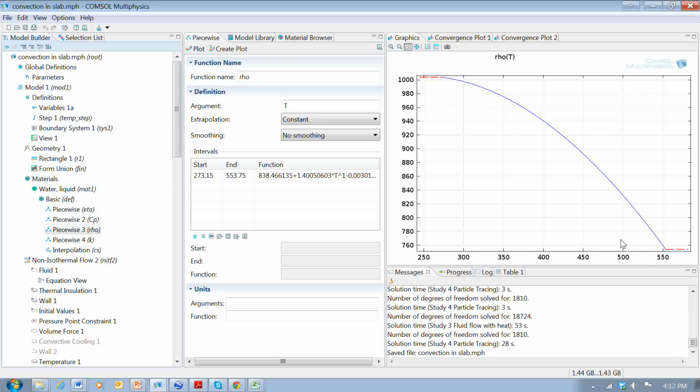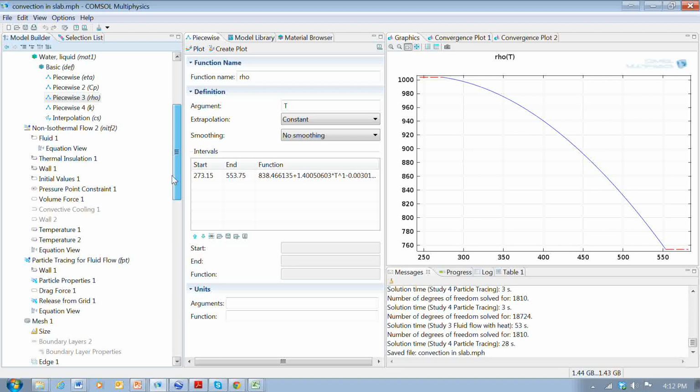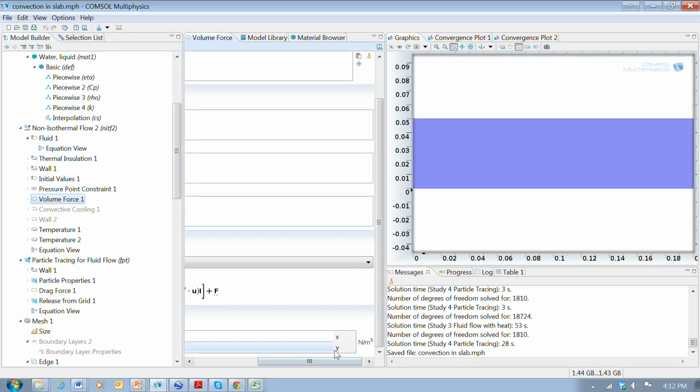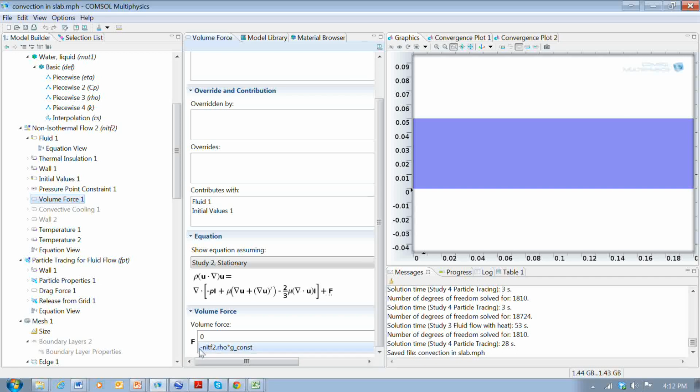And this is what's going to drive the free convection. So we need to use that. If the density was constant, then we wouldn't get any convection. So that's all implemented here with this volume force. It's the density times g, and it's in the y direction, and it's negative because it's acting downward.